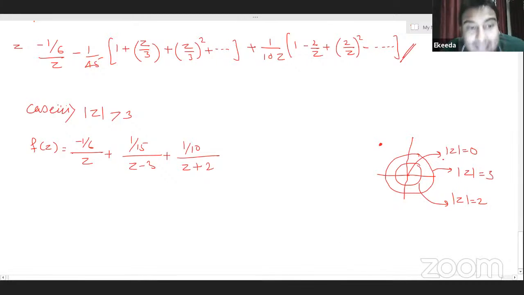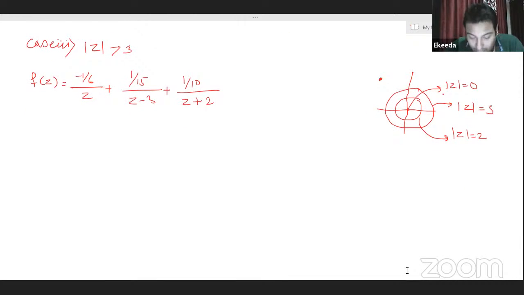Now, mod z is greater than 3. That means the point is outside both the circles. So in this case, if you are from Mumbai University, 8 marks are guaranteed. Always 8 marks come, the 8 marks Laurent series. See, here the point is outside both the circles. The first term will remain as it is, plus.